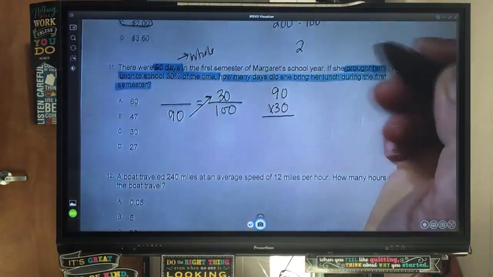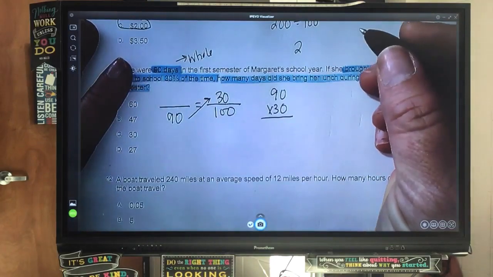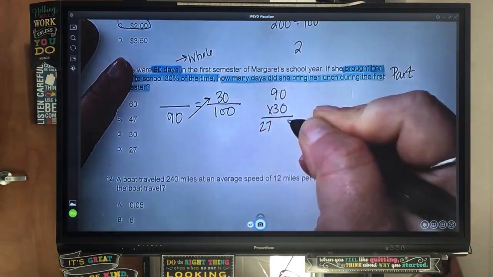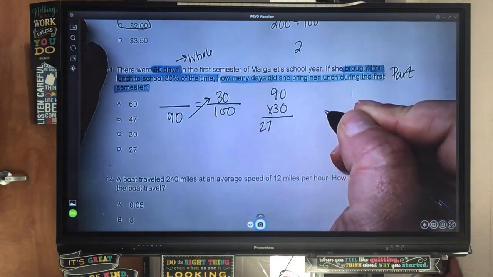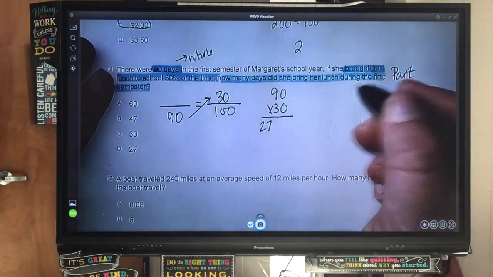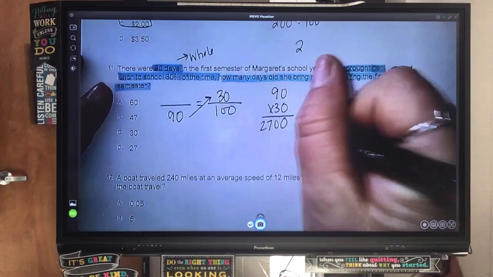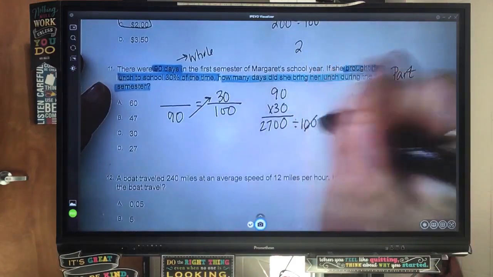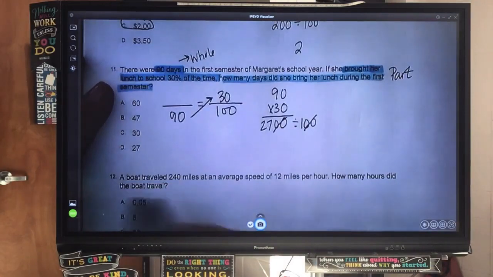What is 9 times 3? It's 9 times 3. How many zeros am I adding? That wasn't a her. How many zeros am I adding? 2. Alright, so that one, for the most part, should be fairly easy for us to do. And then we're going to divide by 100, so we're going to take those 2 zeros off. And what is our answer? 27.